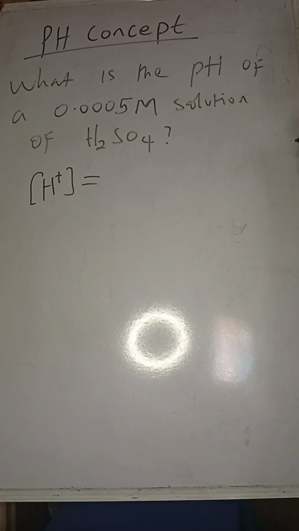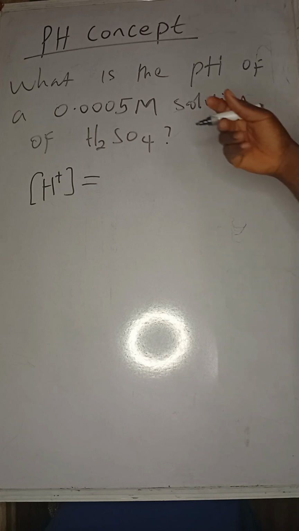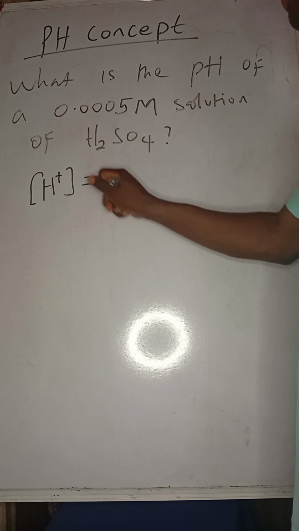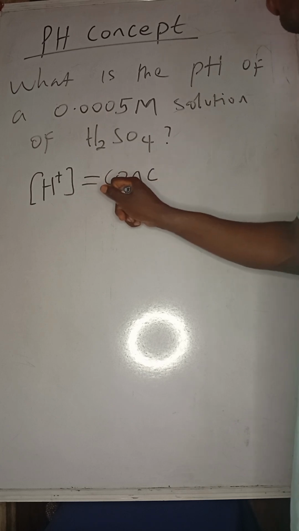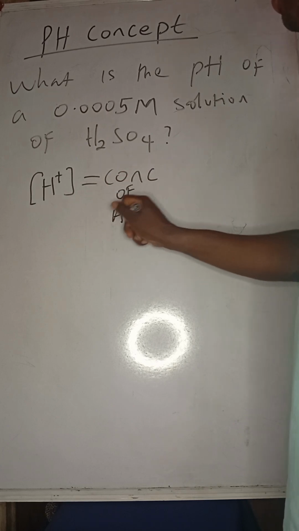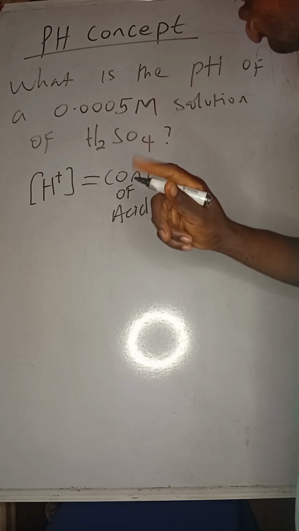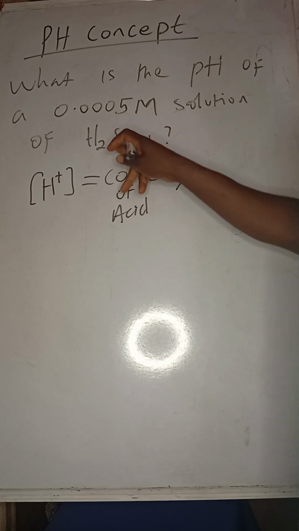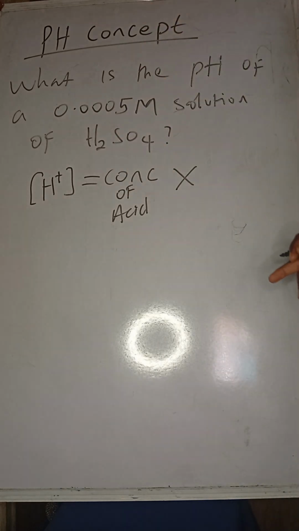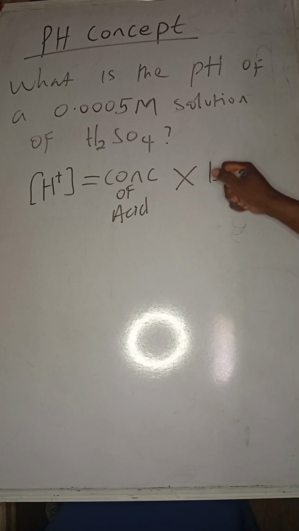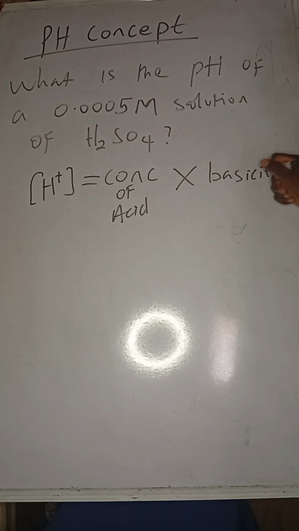What you have to do is take the concentration of the acid to get the hydrogen ion concentration. For a strong acid, you take the concentration of acid times the basicity of the acid.